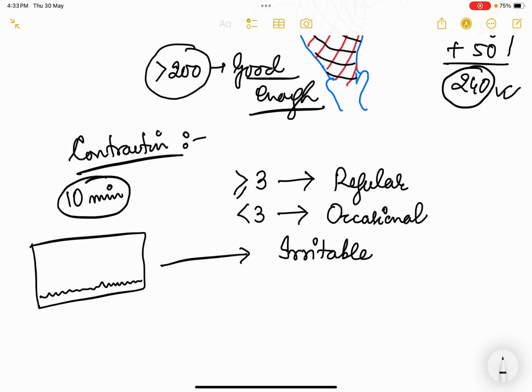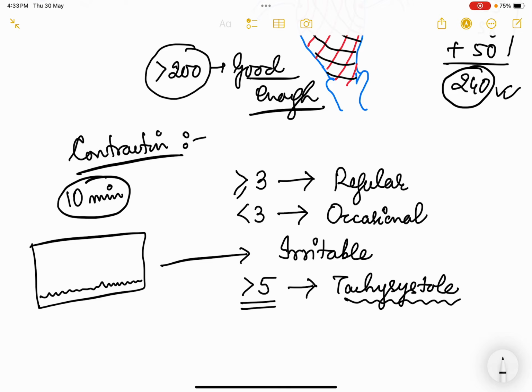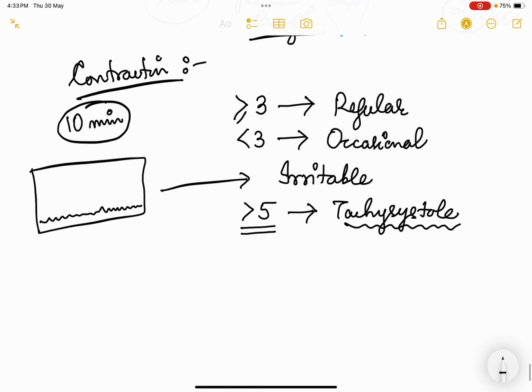And if there are no proper contractions, only a little bit of irritation in the uterus, then we say it is irritable uterus. But if contractions are more than 5, that is 6 or more contractions in 10 minutes, then you say it is tachysystole.